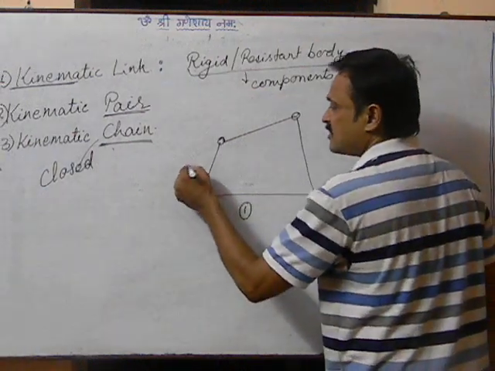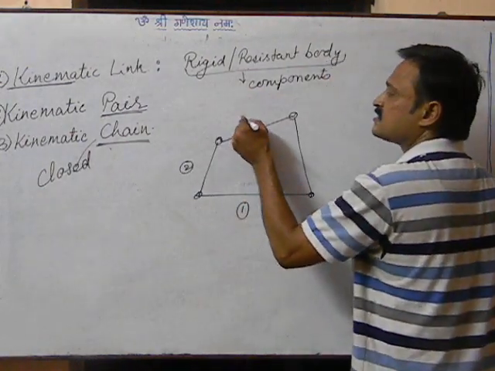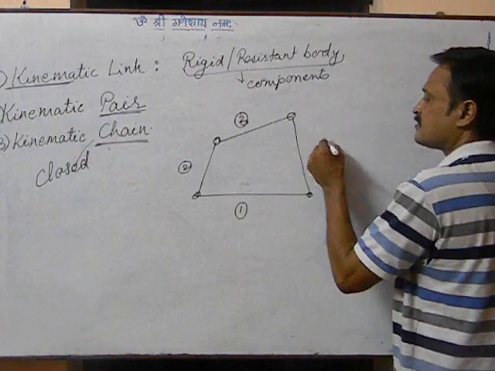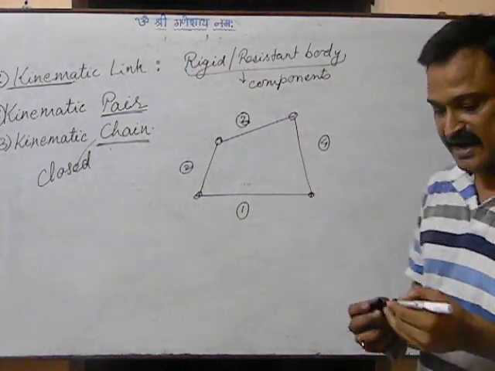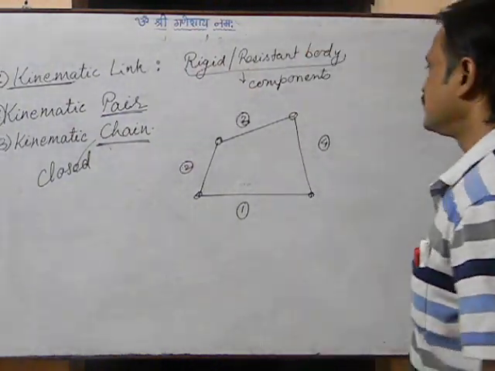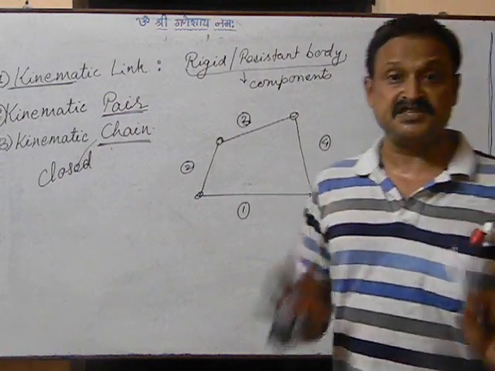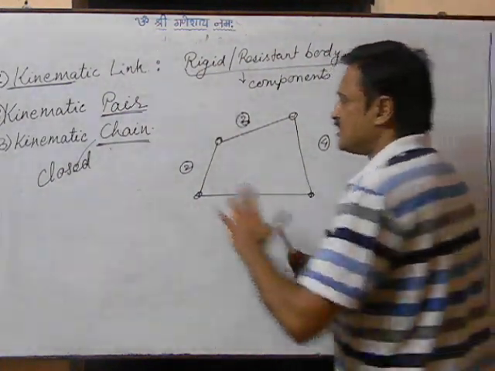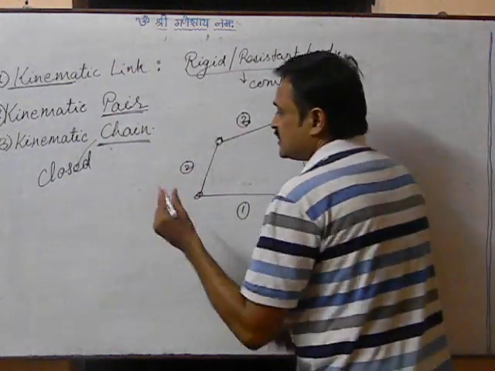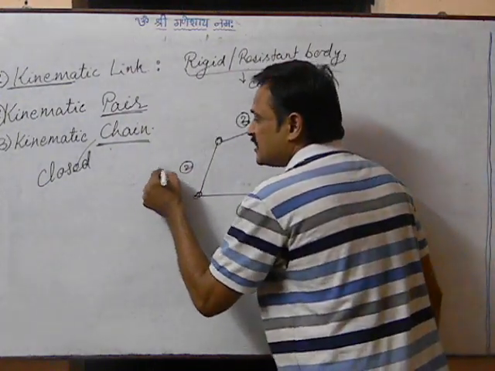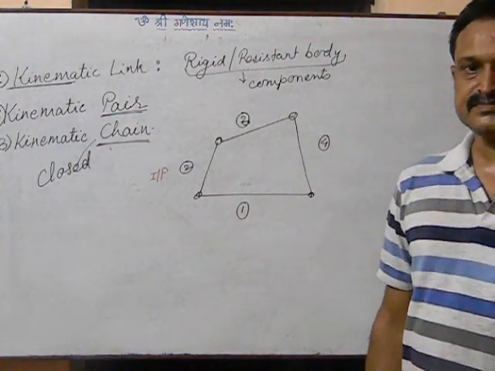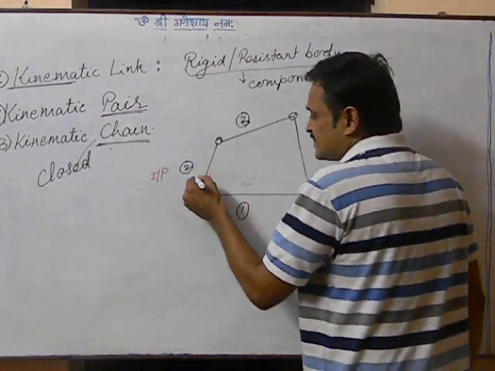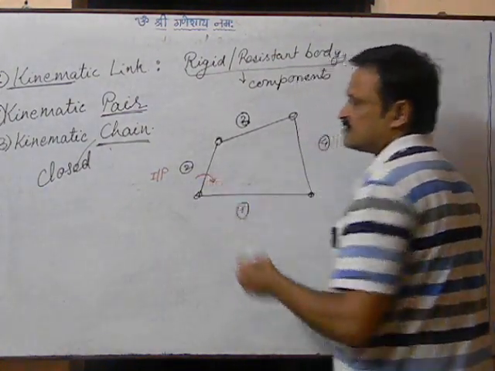Just have a look at this arrangement. All these links are rigid links, they are not flexible. Now I call link number 2 the input link, where I am giving the motion. So let us say I turn this link.